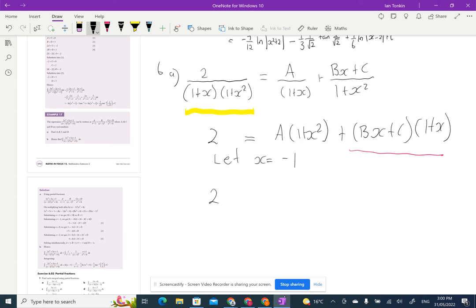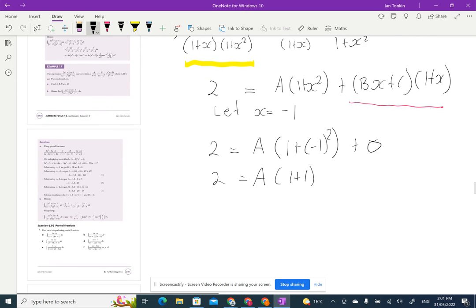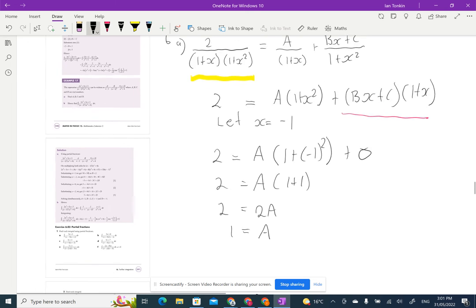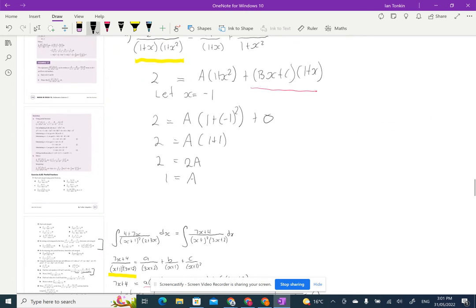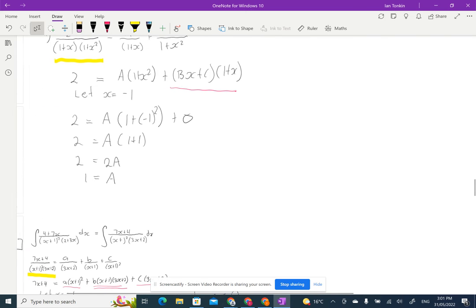So 2 equals a 1 plus -1 squared plus 0. 2 equals a 1 plus 1. Well, 2 equals 2a, 1 equals a. Well, that was pretty easy. Now I have to expand it.